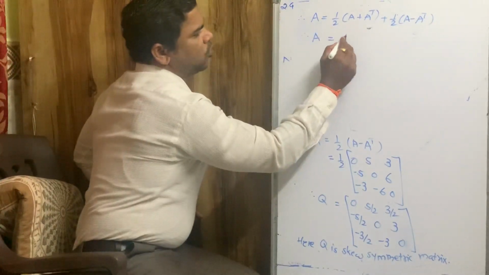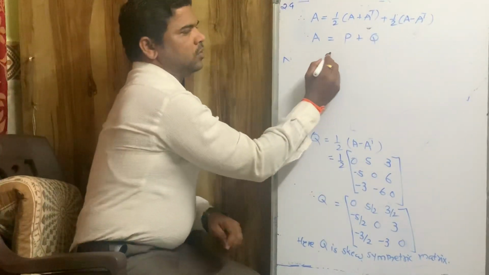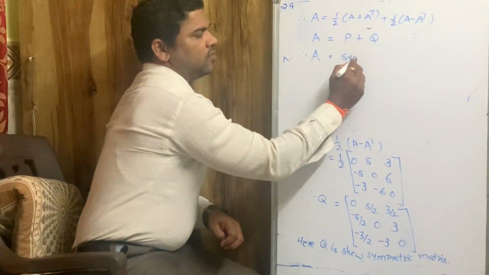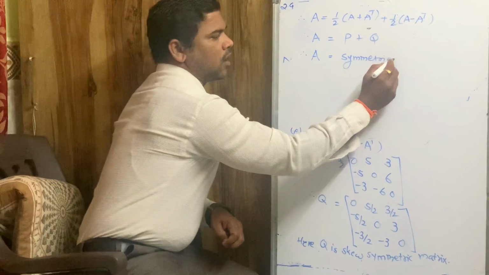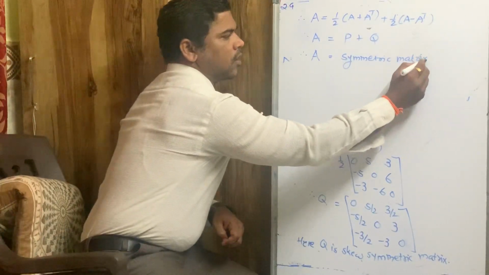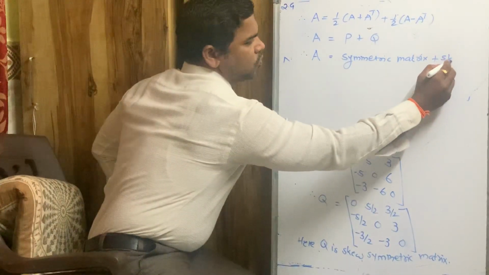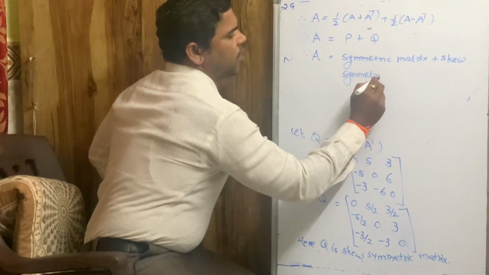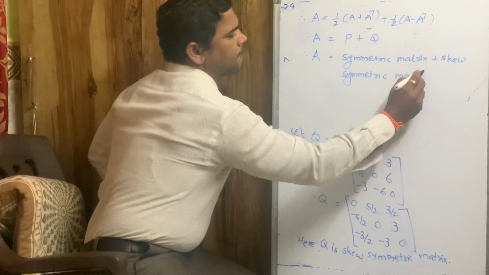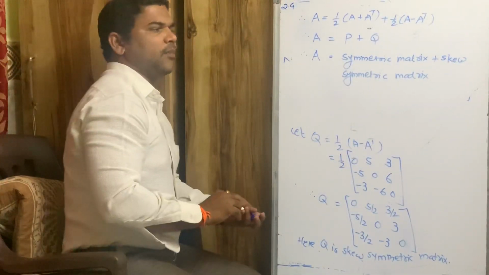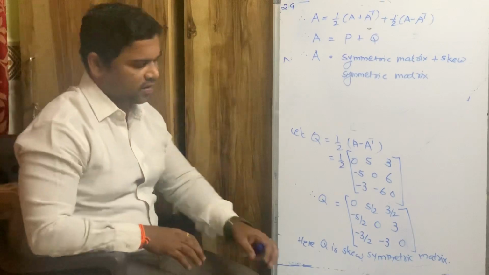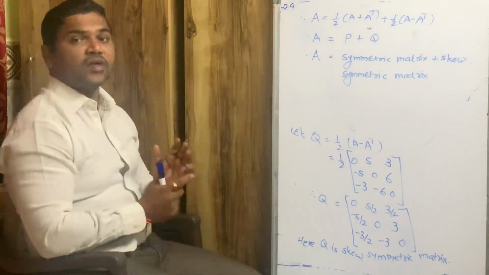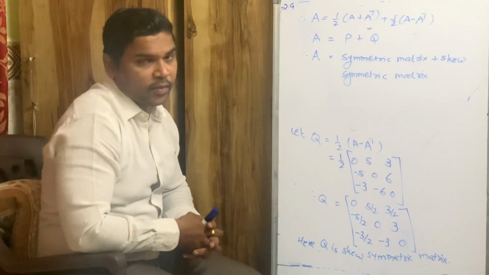A is equal to P plus Q. Okay, so A is equal to a symmetric matrix plus a skew symmetric matrix. That we have to express. We have to express that A is a sum of a symmetric and a skew symmetric matrix.